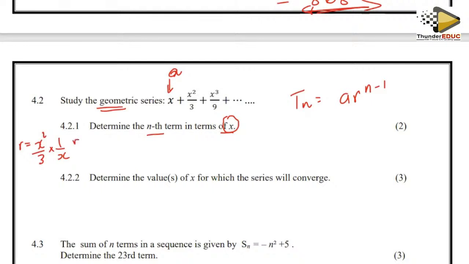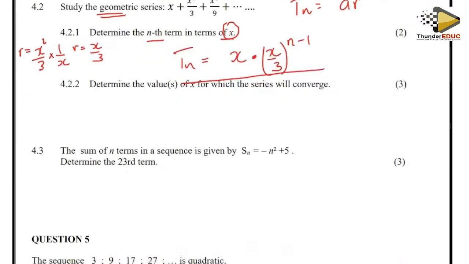So which means my r is just going to be x over 3. In other words, I'm multiplying the previous term by x over 3. So my nth term Tn is going to be x multiplied by the r, which is x over 3, to the exponent, I'll put that in brackets, n minus 1. That is enough.